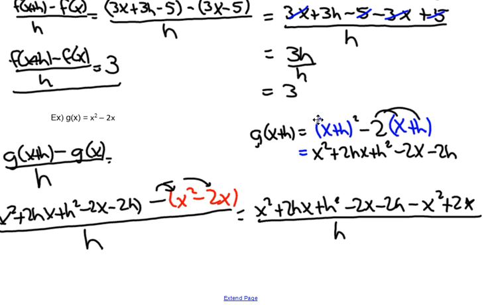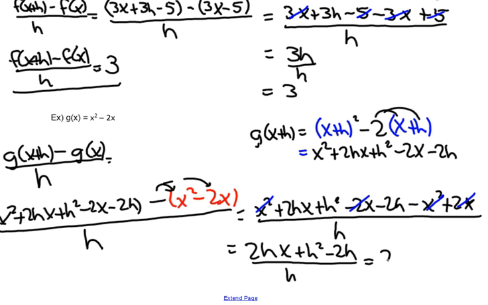All right, so subtract out the terms. Now, what do you notice? Every single term has a factor of h I can divide out. And this would be my difference quotient.